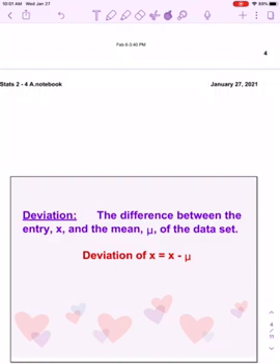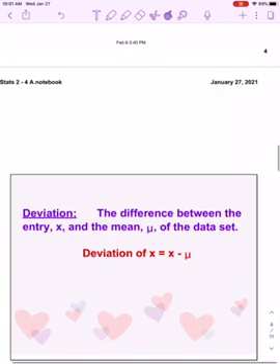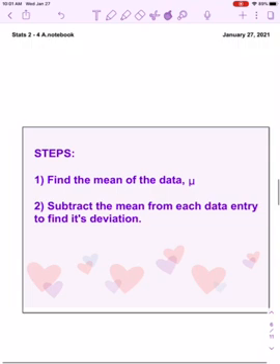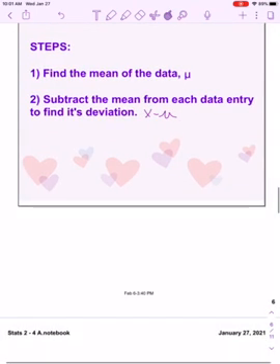You want to know whether it's above average or below average, so you have to subtract in that specific order. So your deviations are x minus mu. You find the mean and then subtract the mean from every data entry to find its deviation, x minus mu. So it's individual deviation, and then we're going to find standard deviation, which is for the group as a whole.